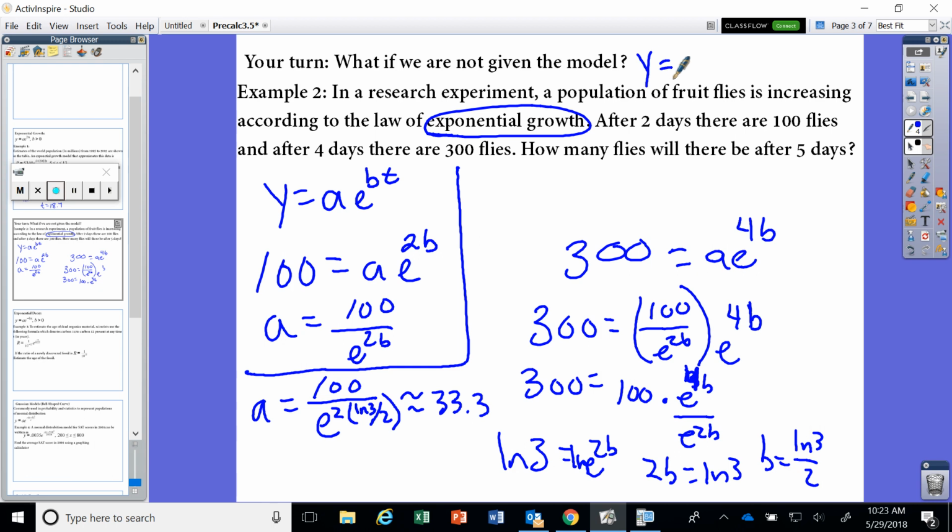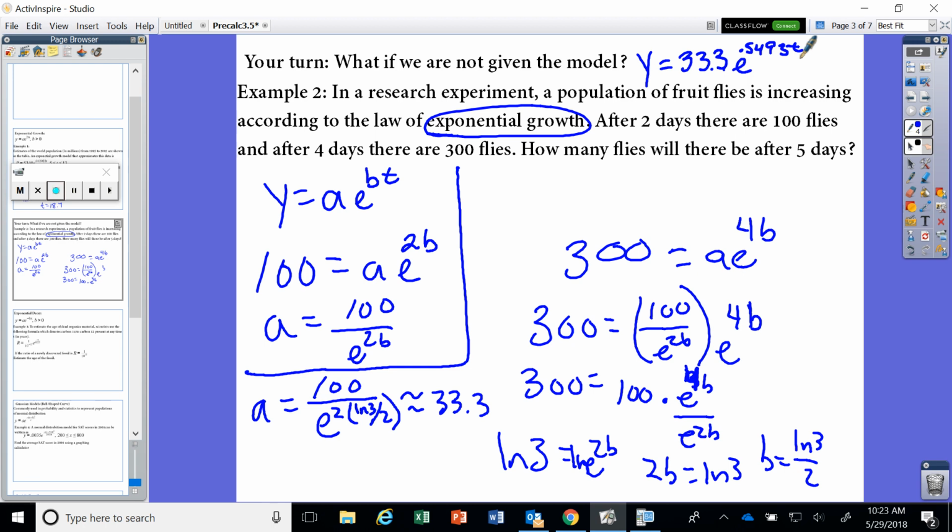y is equal to roughly 33.3 times e to the b. I'm going to simplify this out, guys. b, the natural log of 3 over 2, roughly comes out to be 0.5493, to the t. Now I can use this model for any of our situations.